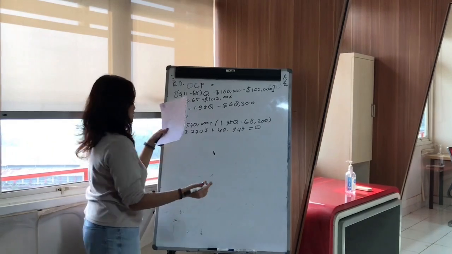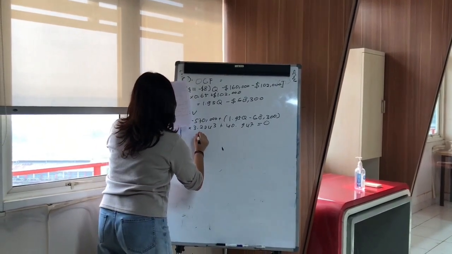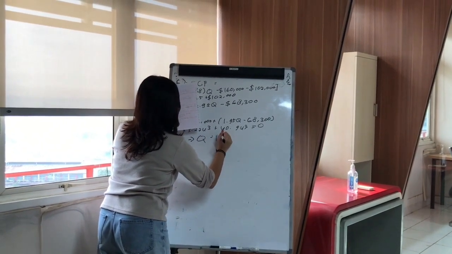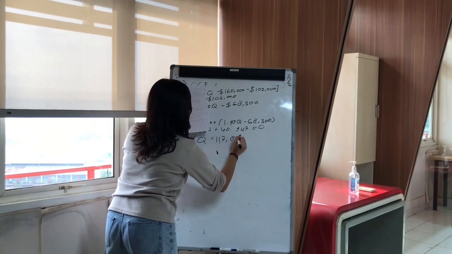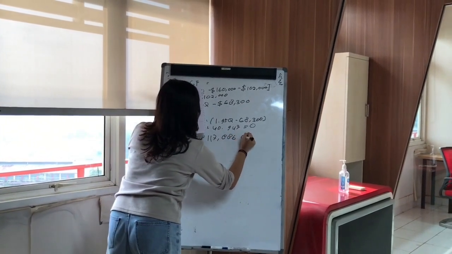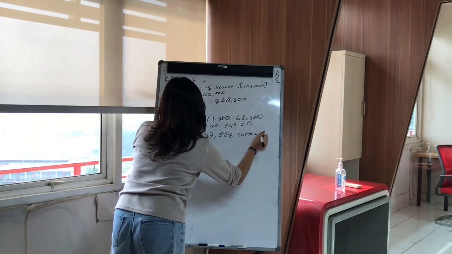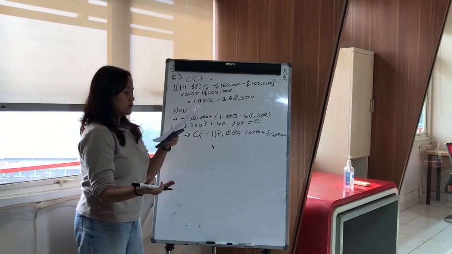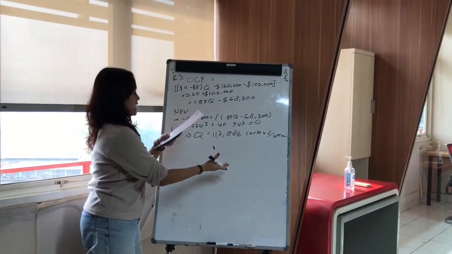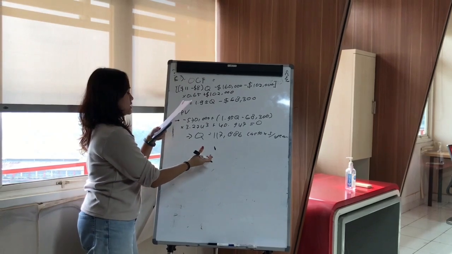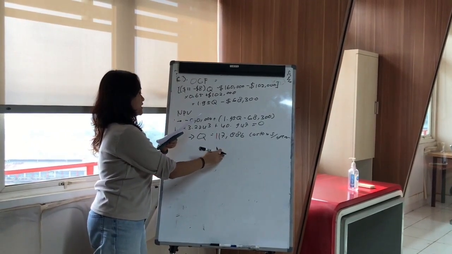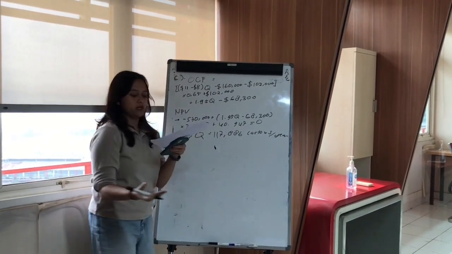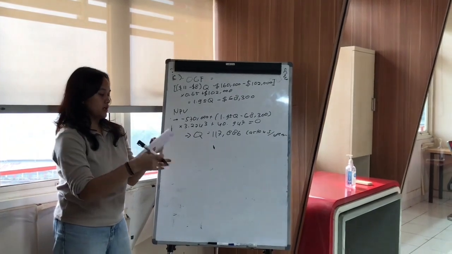If we calculate it, we will get that Q is equal to 170,886 cartons per year. So the break-even quantity at $11 is 170,886 cartons per year. Now let's move on to question number D.